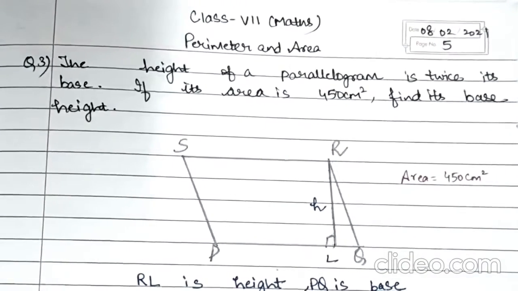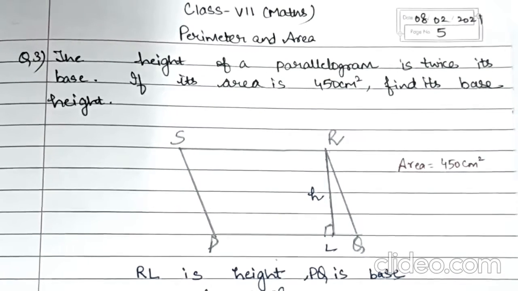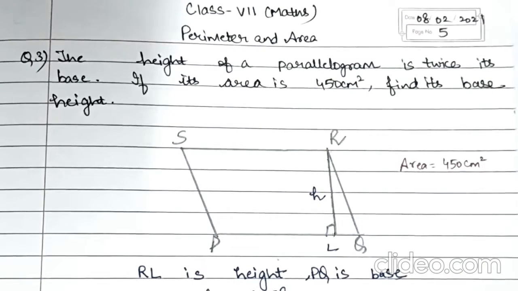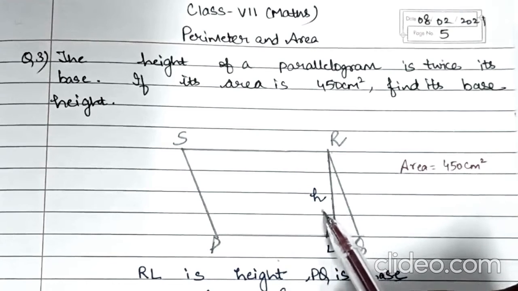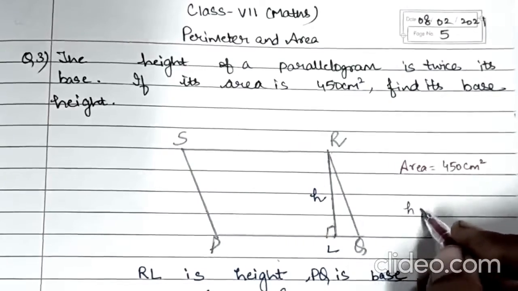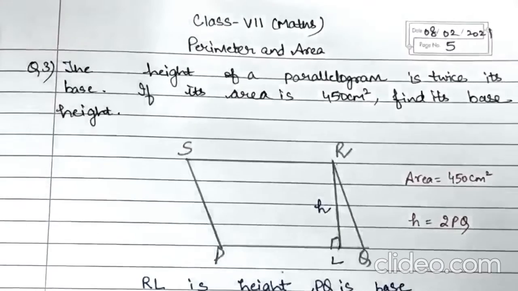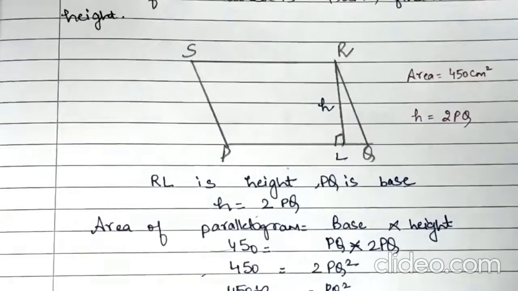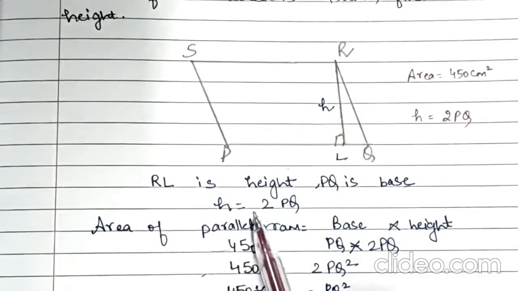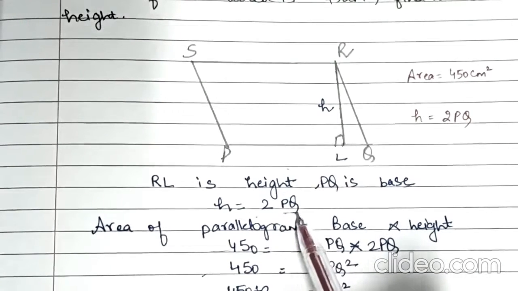And we have to find the base and the height of the parallelogram. Now it is given that height of the parallelogram is twice the base of the parallelogram. So height is equals to 2 into PQ, that is base of the parallelogram.